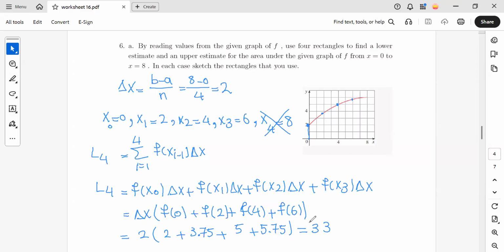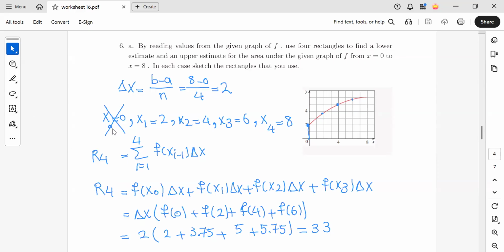Next part is about finding the same area using upper estimate. For using upper estimate, we would use the last one, but we are not going to use the first one. Delta x is just the same. And for the formula, we would have R4 instead of L4.